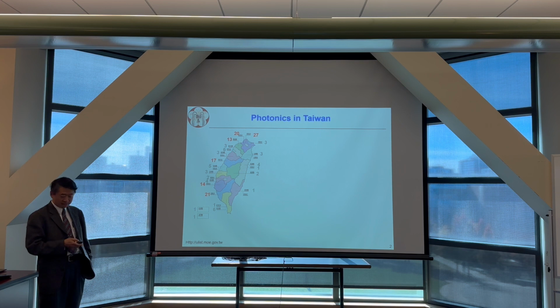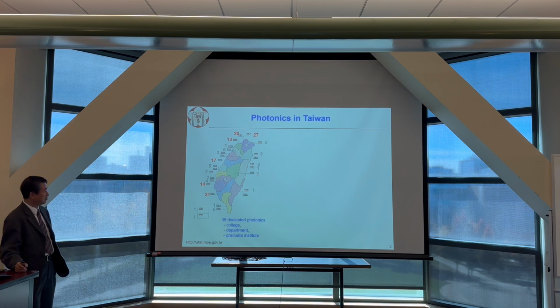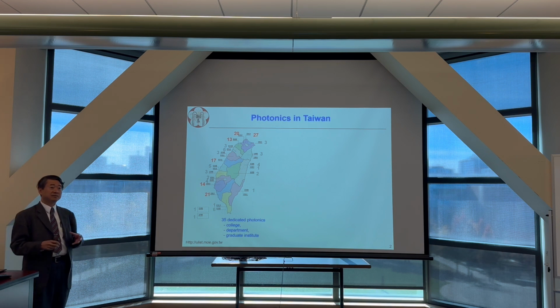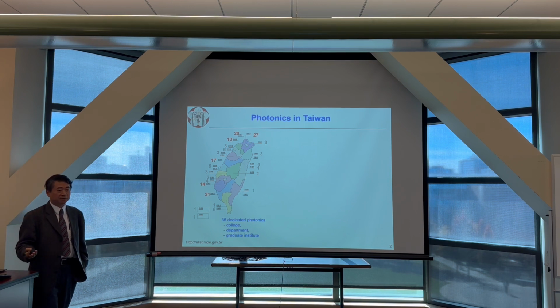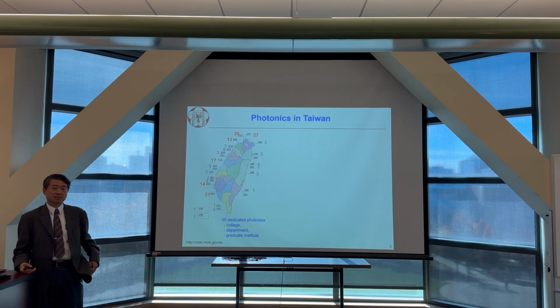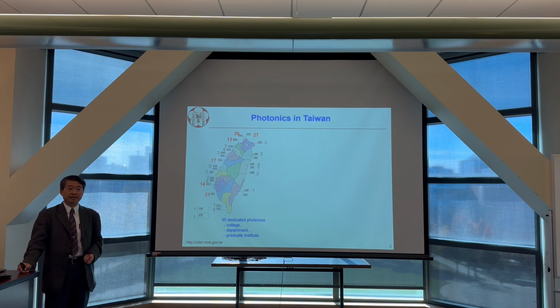Among these, 35 of them have dedicated photonics, either a college or department or graduate institute. This is quite unusual. Why? I think one reason is that in Taiwan we have a very active photonics industry, such as LCD display, solid-state lighting, and optical communications.